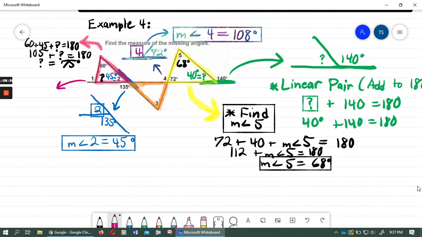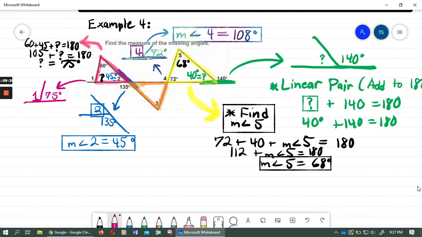All right, so folks, right there, we've got these two angles, angle 1 and that angle that we just found to be 75 degrees right there. So angle 1 and the 75 degrees, those two are a linear pair.